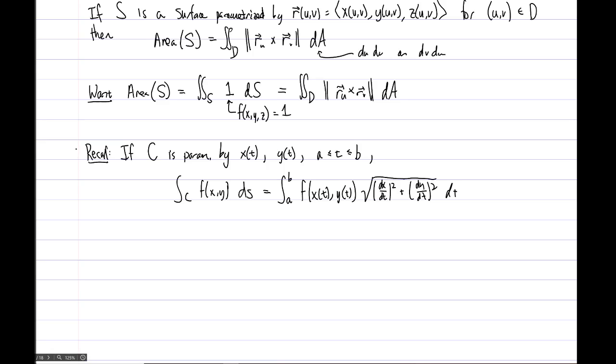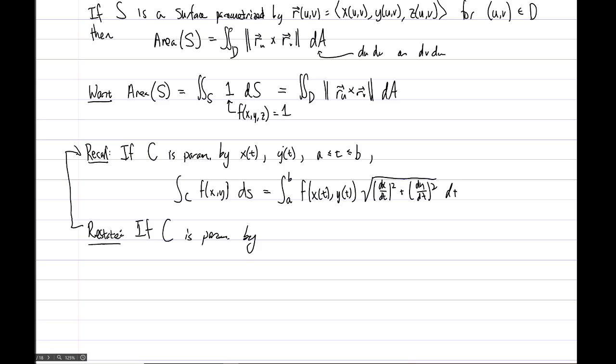Now, we're just going to take what we have here and restate it. Same thing, just with slightly different notation, and it's going to help us connect things better. So if capital C is parameterized by, we're just going to repackage the parameterization. Instead of having an x of t and a y of t, we're really just going to restate this as a vector function.